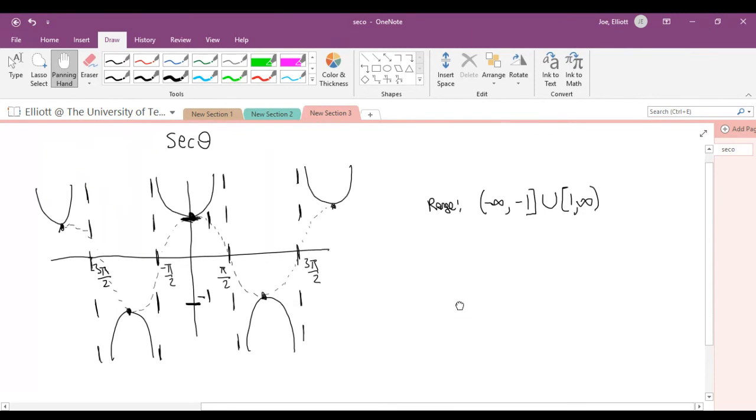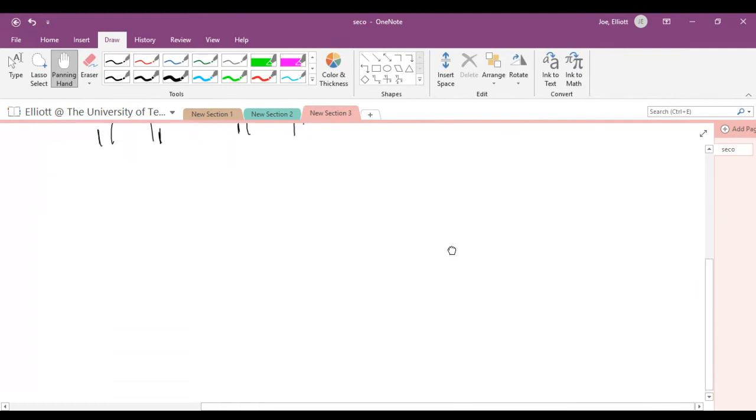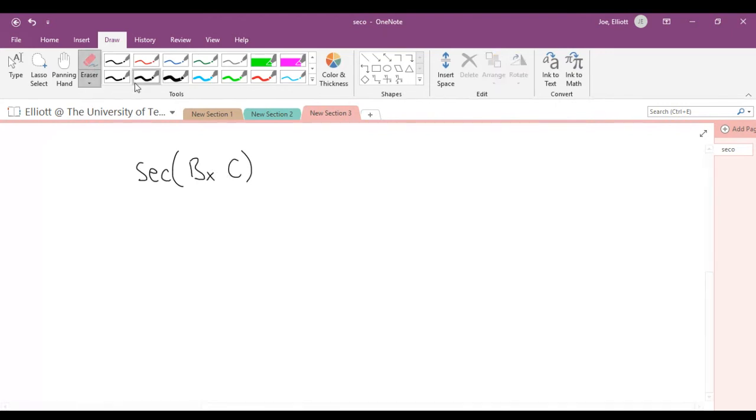All right, but it may help to have a general formula for everything. So we have something of the form secant of bx minus c, plus d. Not that it matters, but it might look better to write it as minus.